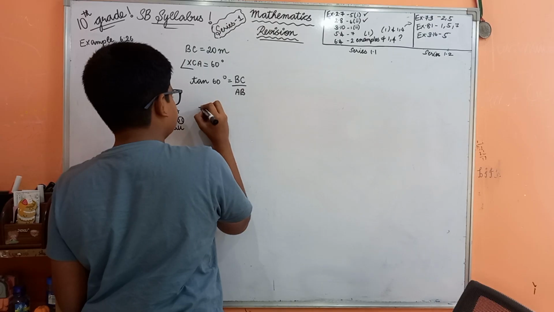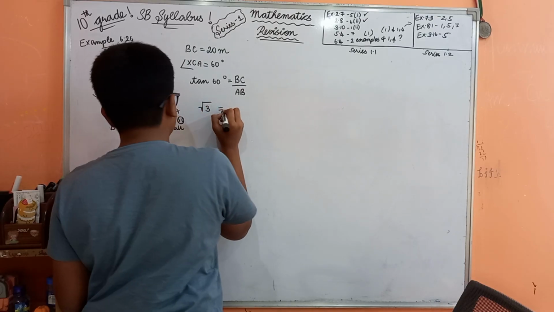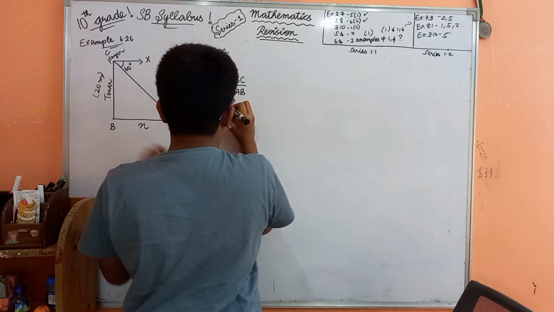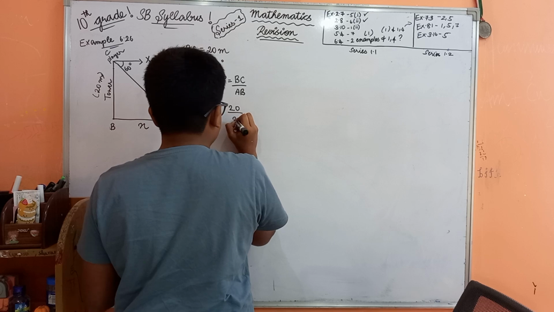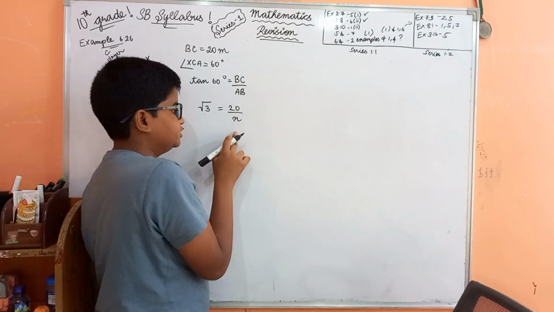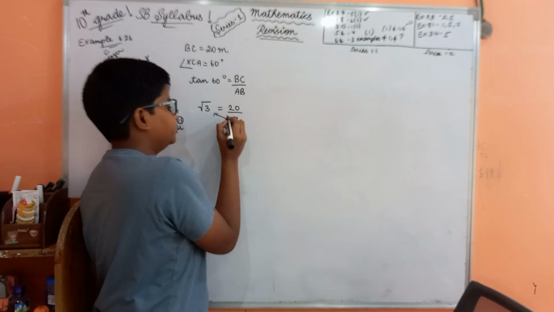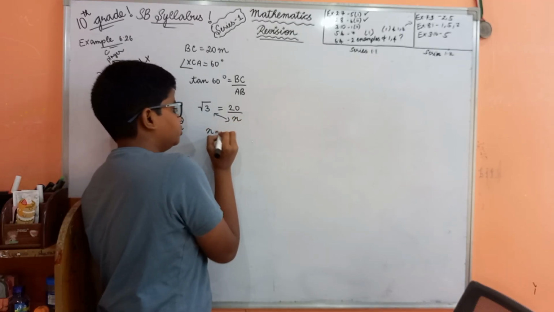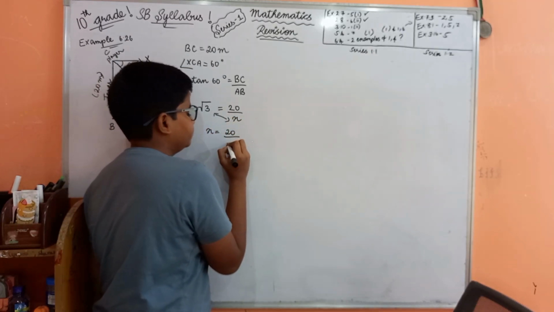Tan 60 degrees, which is root 3, is equal to 20 by x. We get root 3 into the denominator position, so x is equal to 20 by root 3.